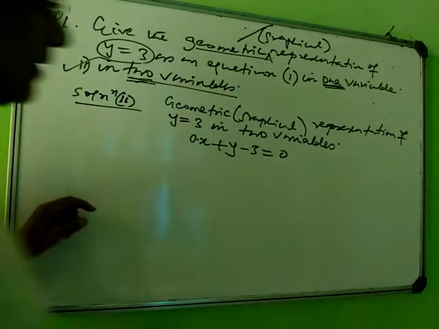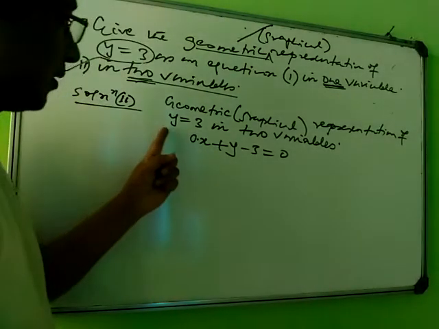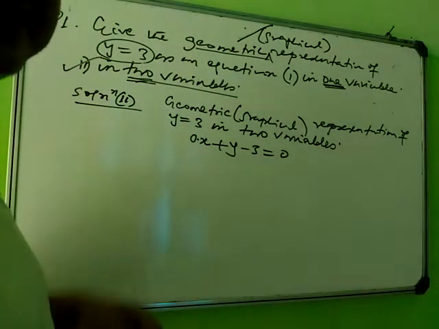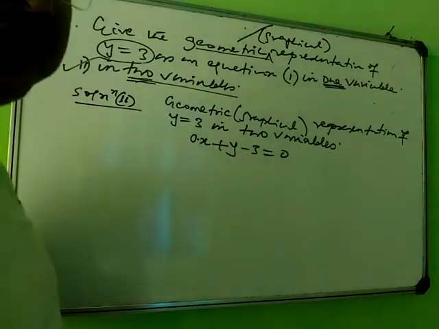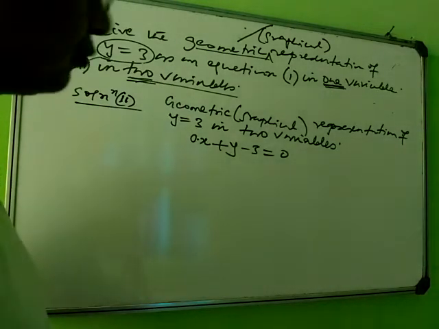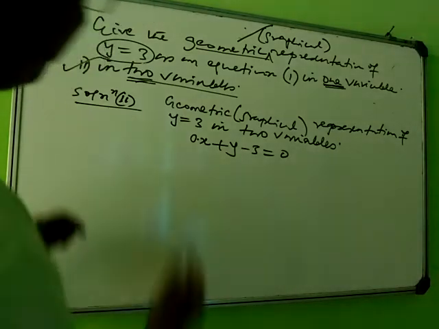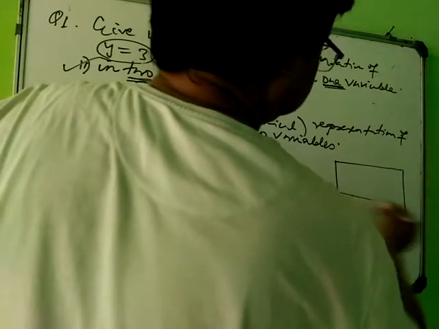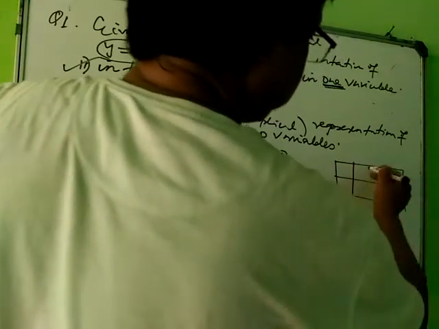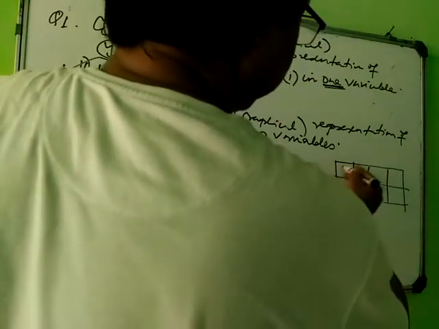The graph of the equation y equals k, where k is any integer, will be a straight line parallel to the x-axis. Let us see. I am just explaining it, but we will be doing it directly.